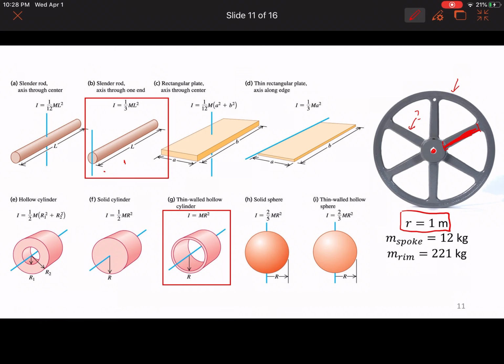This doesn't really look like a cylinder, it really looks like a circle, but I could have that cylinder be relatively flat. You'll notice it doesn't actually care about the height of the cylinder. That does not enter into the formula. So I can flatten that out. I get that my moment of inertia is mr squared, where r is the radius of this rim. And then we're good to go.